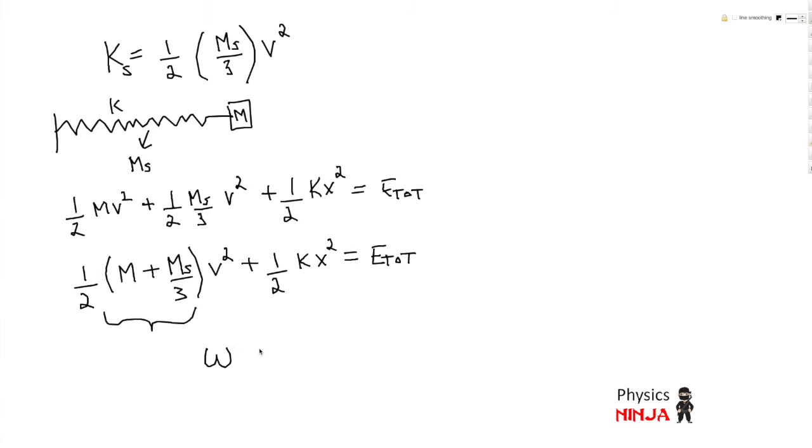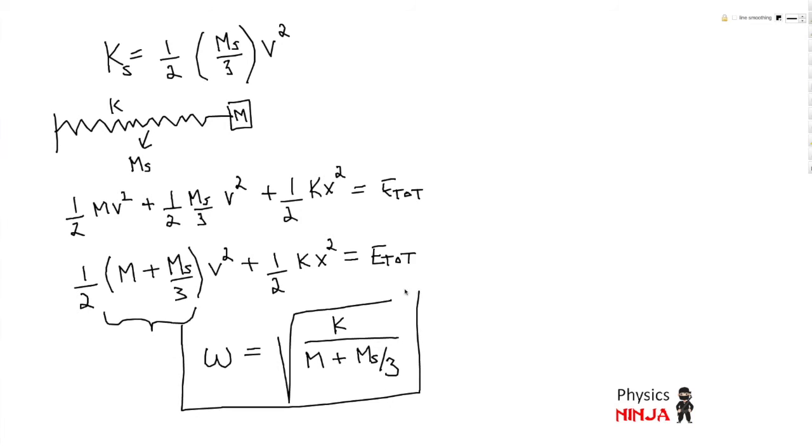If you do that, what you're going to end up getting is that the angular frequency of the spring mass system, when I include the mass of the spring, is simply the square root of k divided by this total effective mass. So it's the mass attached at the end of the spring plus 1/3 the mass of the spring. Here's the expression for the angular frequency of a real spring mass system.